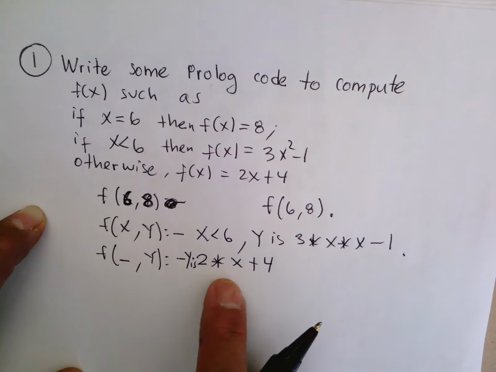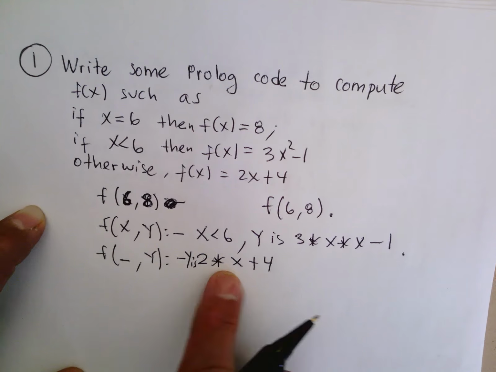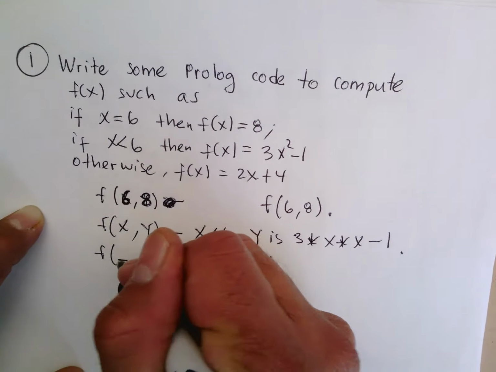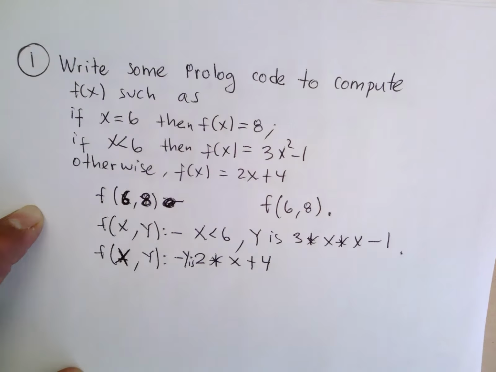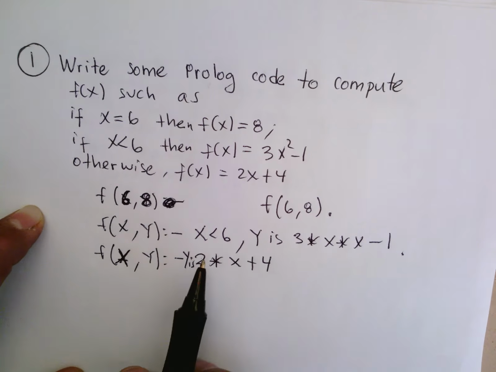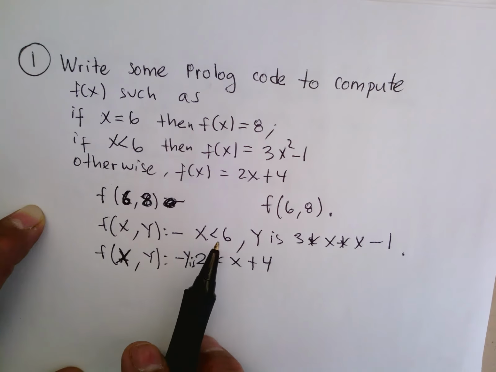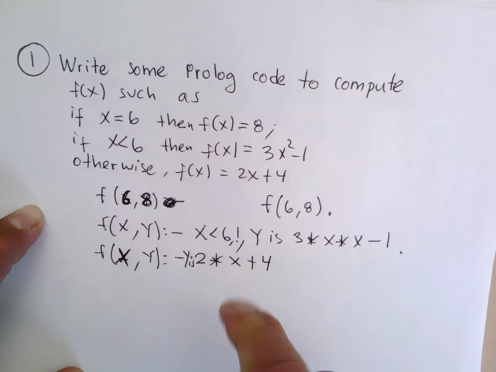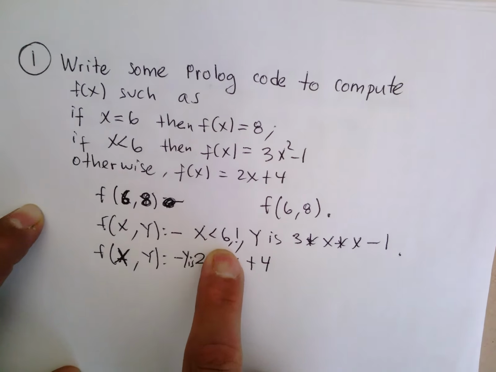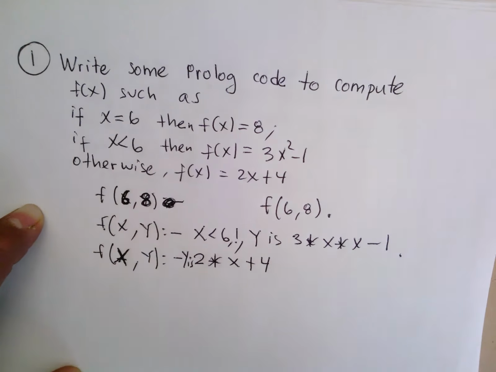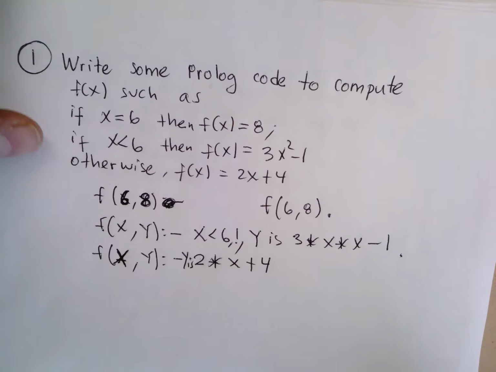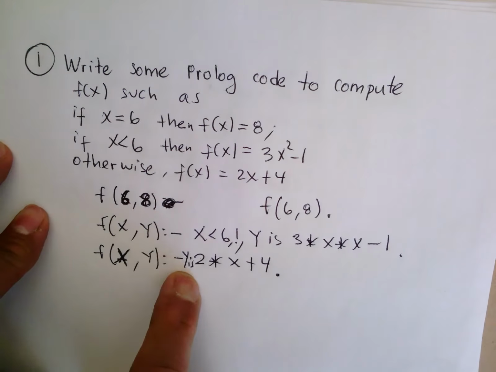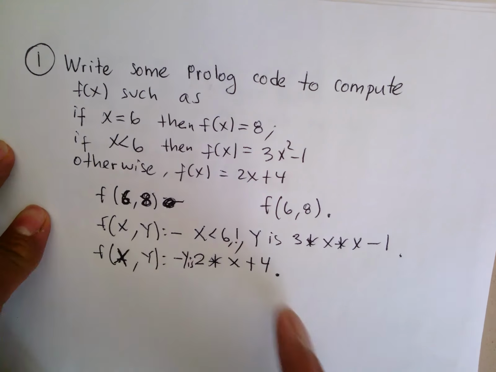However, I do care because I need the x here for the computation. So then I need to go back and say I do care about the x. And now here I can add a cut statement. The cut statement will be here. It says that when x is less than 6, then this is the case and we shouldn't do anything else. Okay, so here I'm forgetting the period. So this is y is 2 times x plus 4.